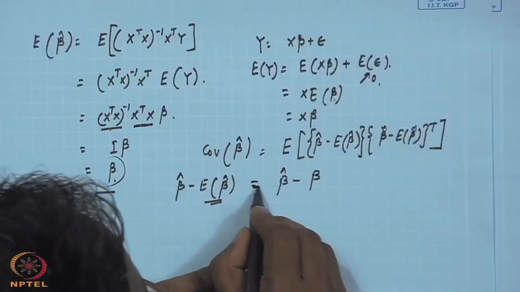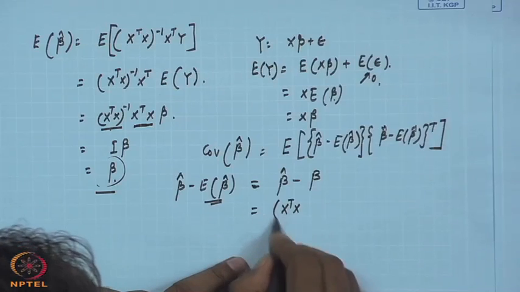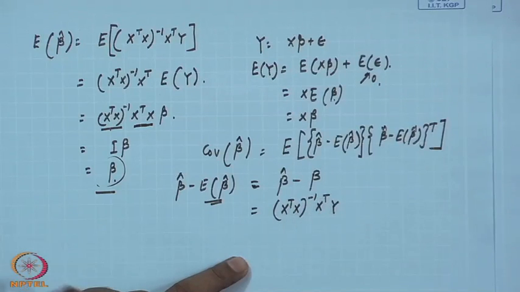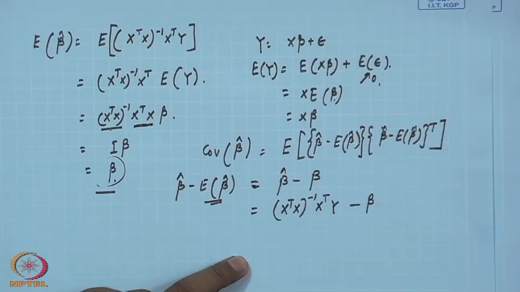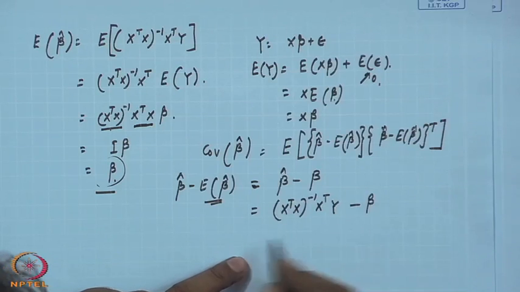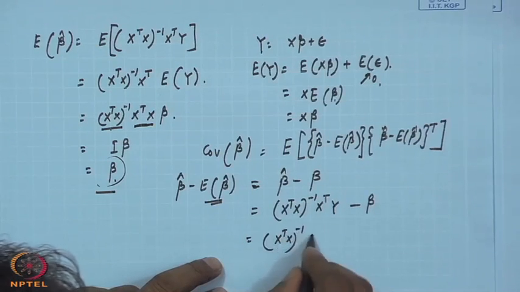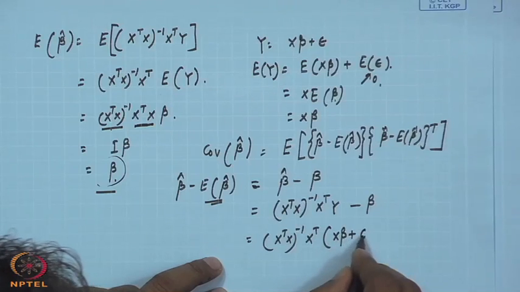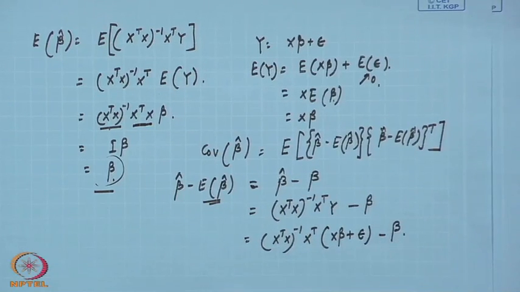So, beta cap is X transpose X inverse X transpose Y minus beta. Then you put here X transpose X inverse X transpose Y is X beta plus epsilon minus beta.